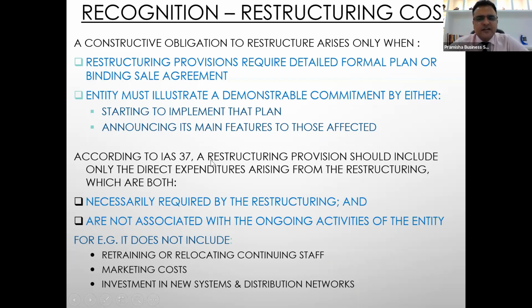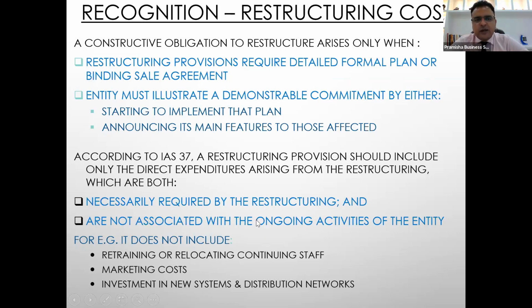Direct expenditure means only that which will result from this restructuring and which will result in an obligation because of this restructuring. Now, if you plan to retrain or relocate continuing staff, that is not an obligation of this event. That is part of the new process. Marketing cost or investment in new systems and distribution is not your restructuring provision. These are expenses necessarily required by restructuring and not associated with the ongoing activities of the entity.